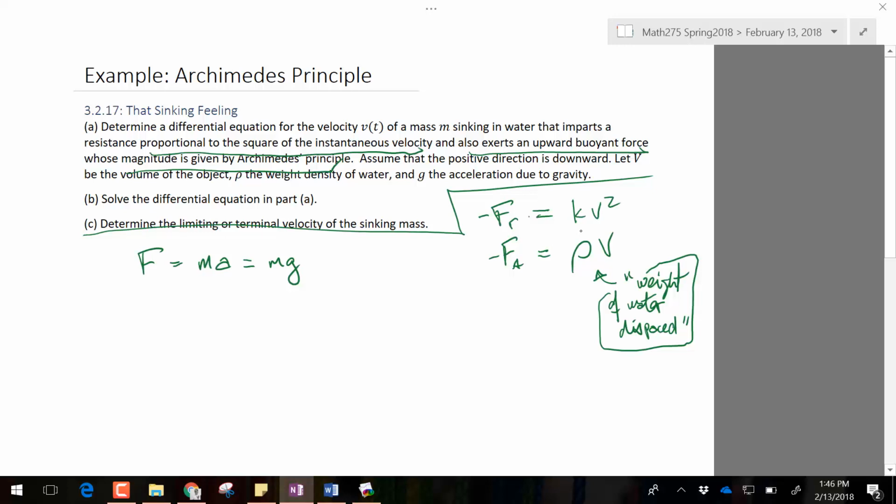So minus Fr minus Fa, so mg minus kv squared minus rho V. We have what the force is equal to. Yeah, so we're looking for the velocity.